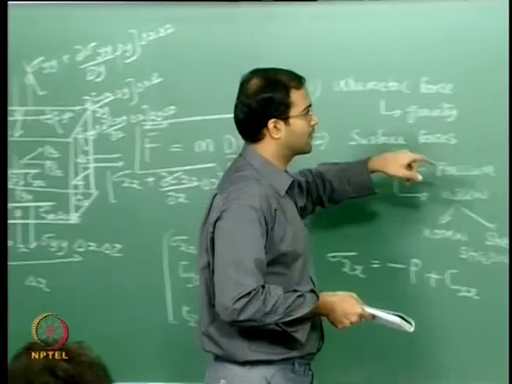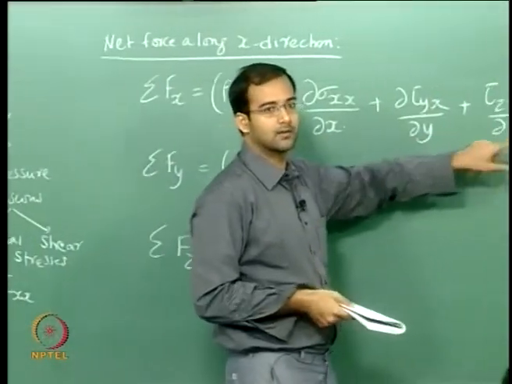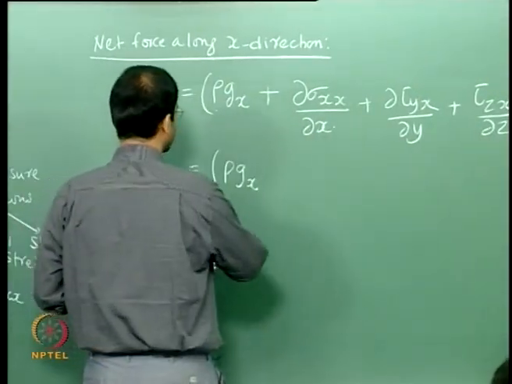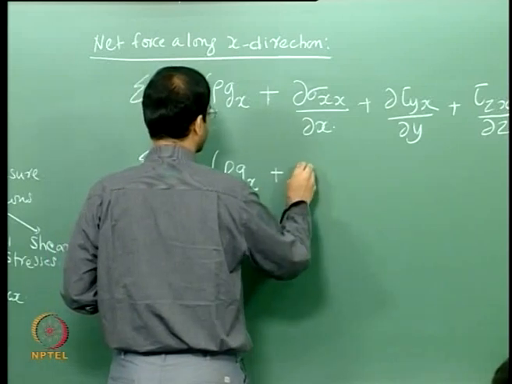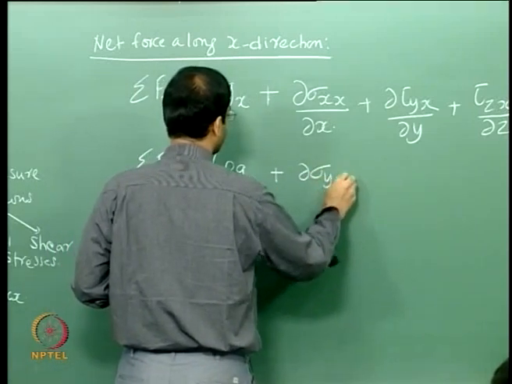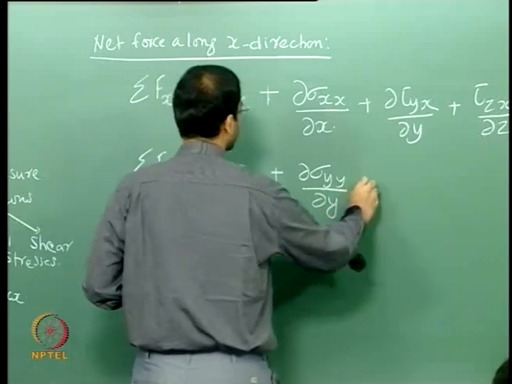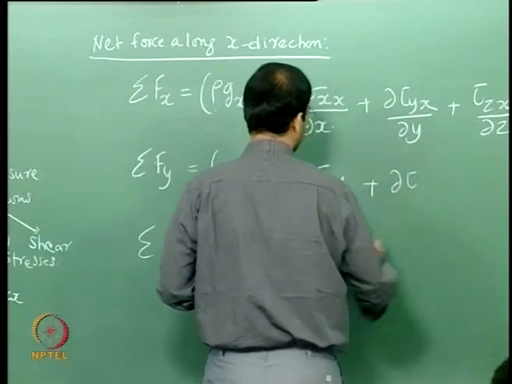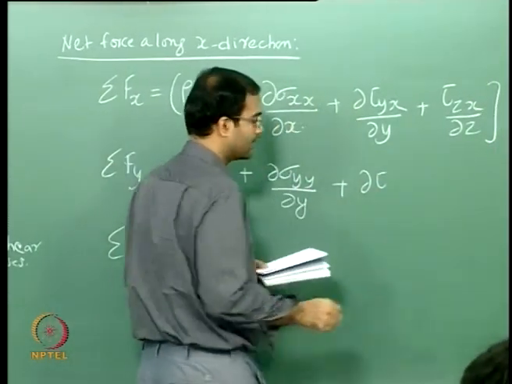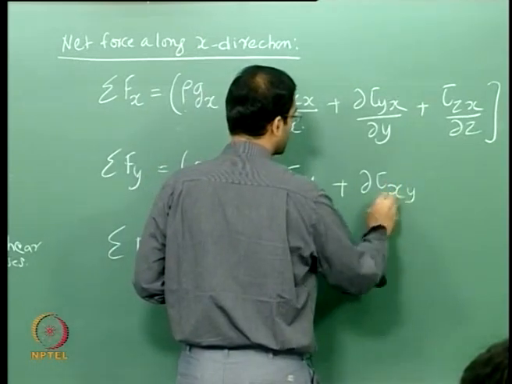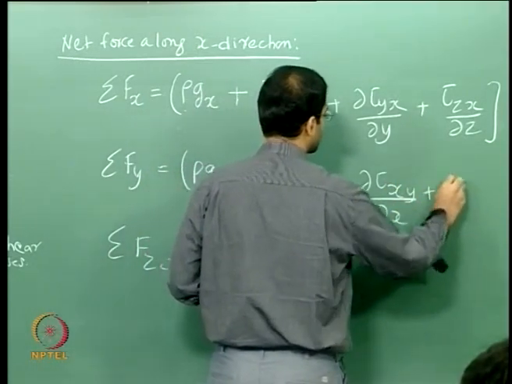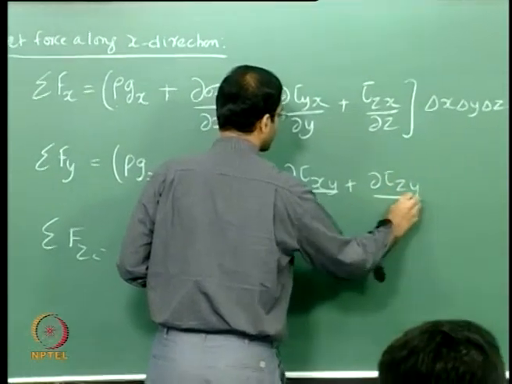So those have to be also accounted for. Okay, so similarly, if you look at the net forces acting along the y direction, you have d sigma yy by dy plus d tau. So what should be this term right here? xy by dx plus d tau zy by dz.